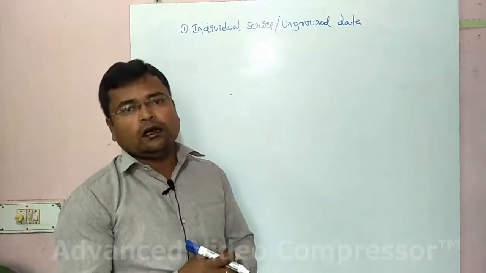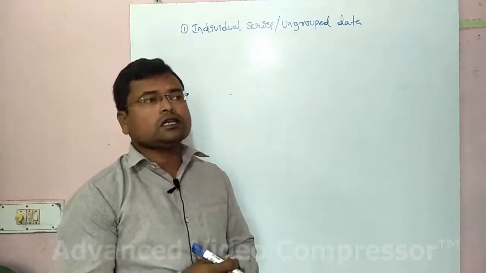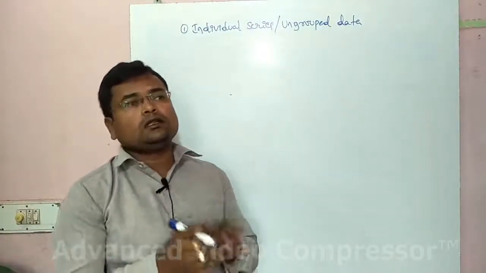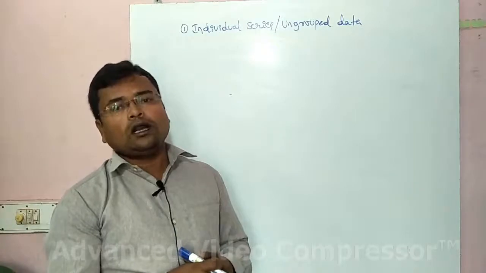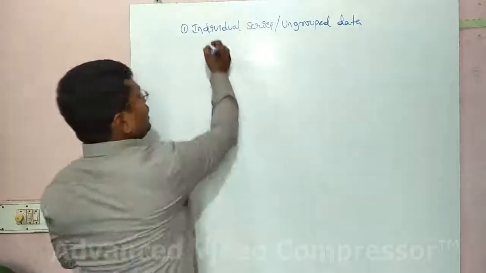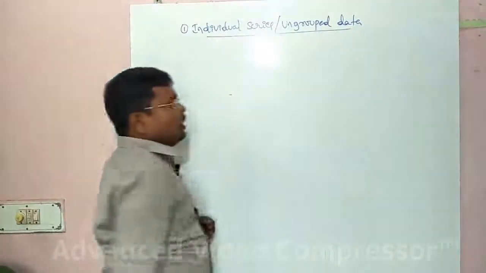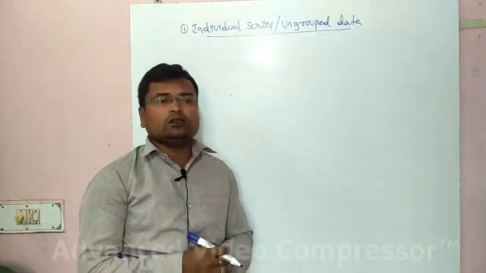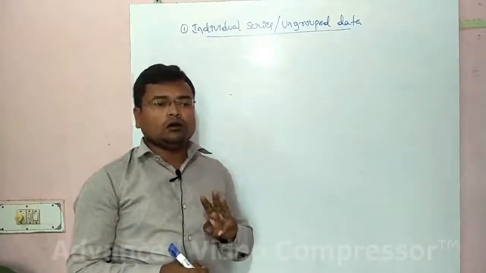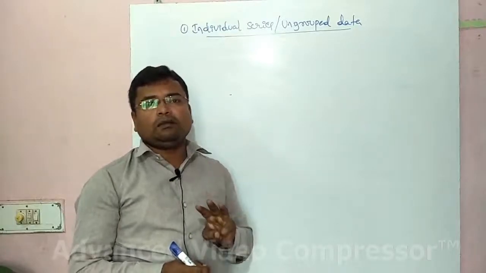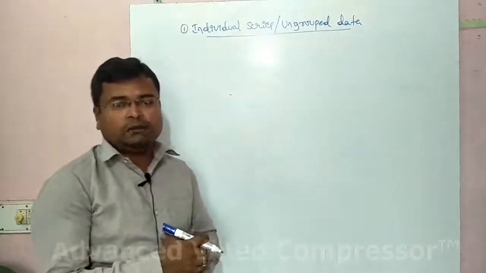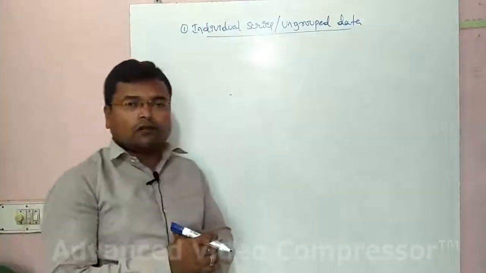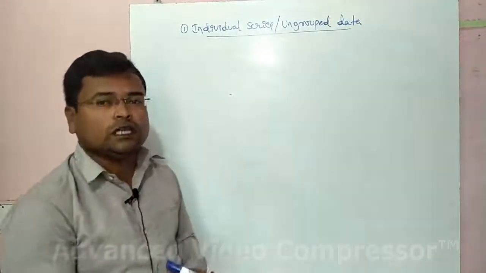You will not get the frequency column, because it is called individual, meaning a single column, that is, only one variable column. And for the calculation of arithmetic mean under individual series, we are going to apply three methods.